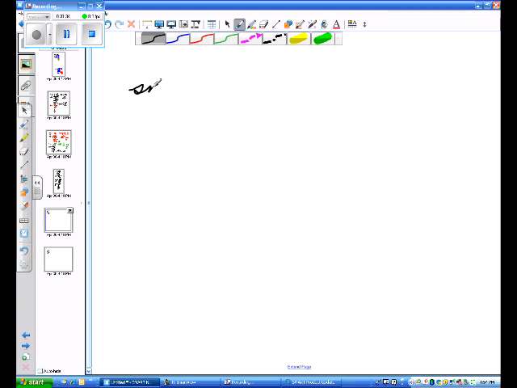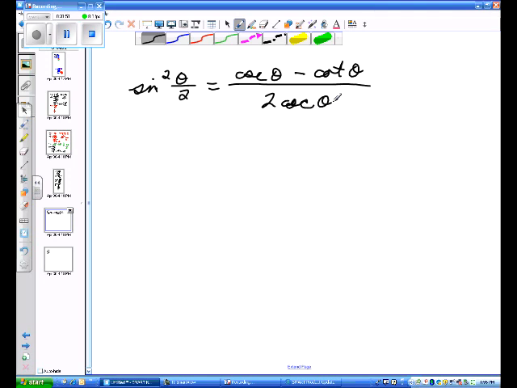Let's start out with this one. The sine squared of theta over 2 is equal to the cosecant of theta minus the cotangent of theta over 2 cosecant theta. Now, as we work with this, I would probably consider this side a little bit more complicated.